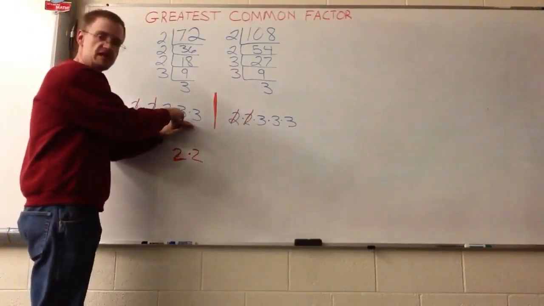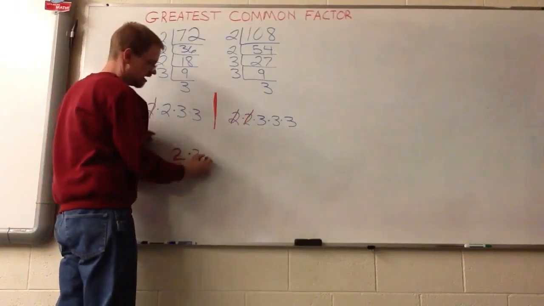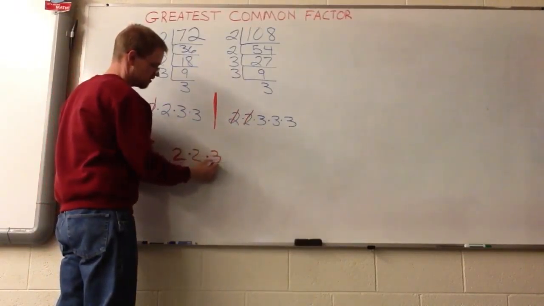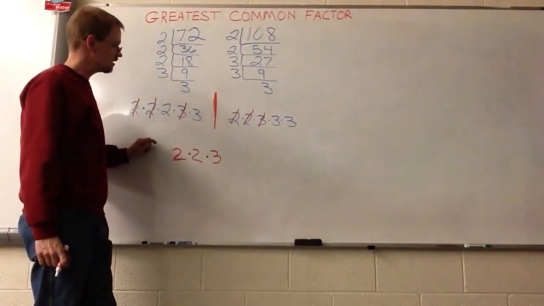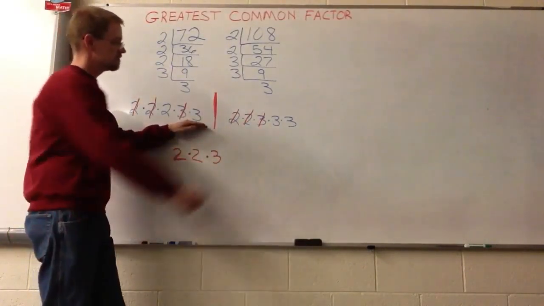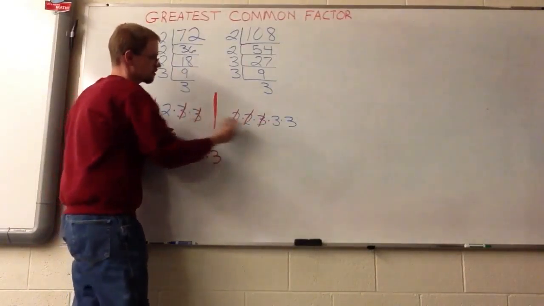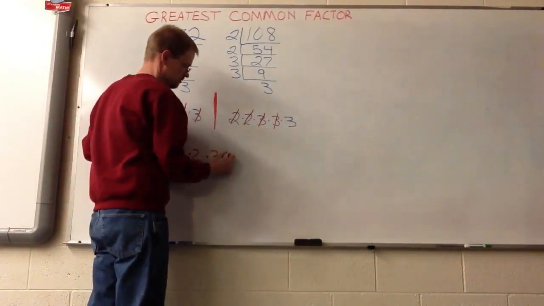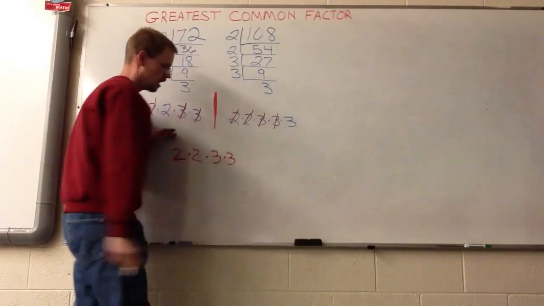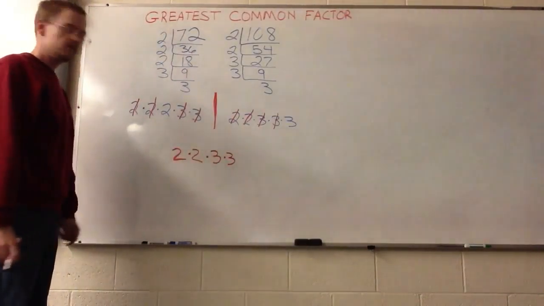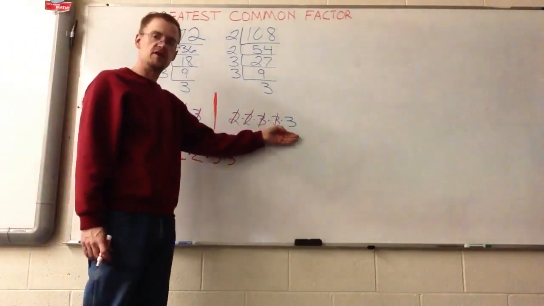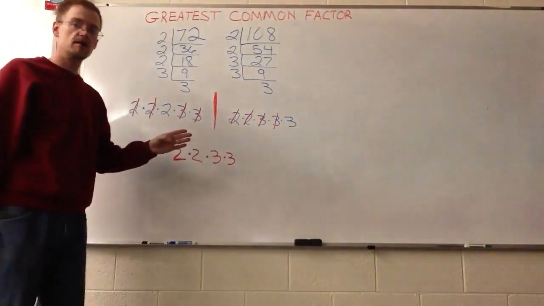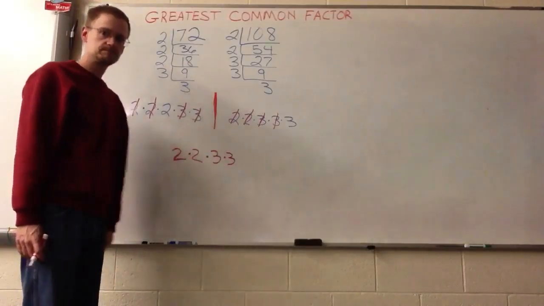Well, I have a 3 here and a 3 there. I write down a 3, I cross 1 off of each list. Okay? I've got another 3 and another 3. Cross them off, write them down one time. Okay, I'm left with a 2 on this list I haven't crossed off and a 3 on this list. They're not common, so I can't write them down.